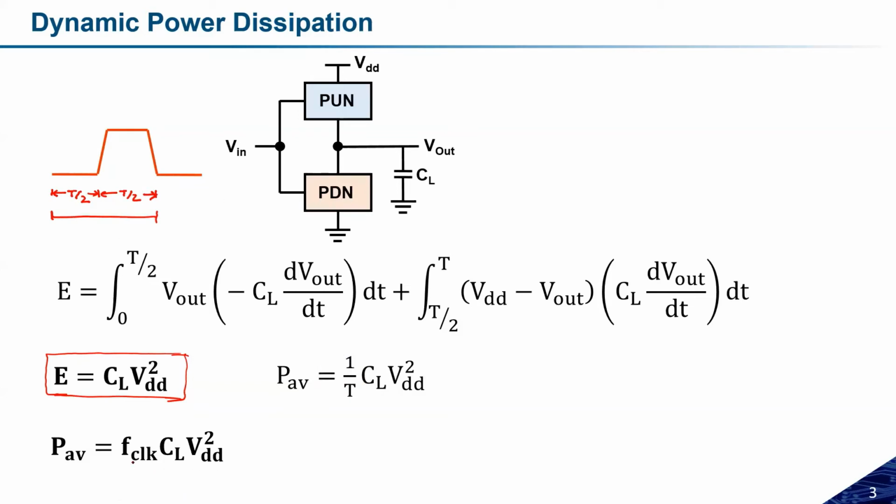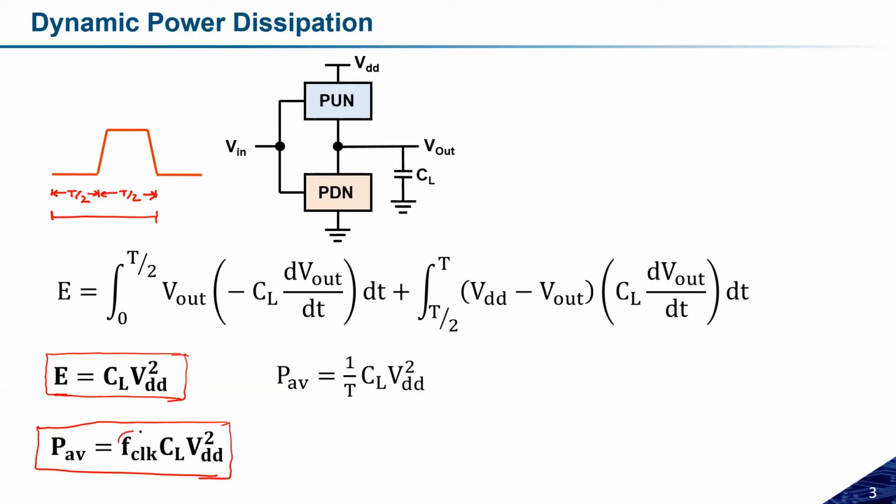So this will become F clock CL into VDD square. So this particular term, whatever we have, that we call the average power dissipation. This is nothing but the dynamic power dissipation, or average power dissipation, in the CMOS circuit.